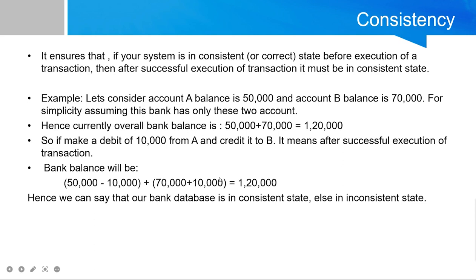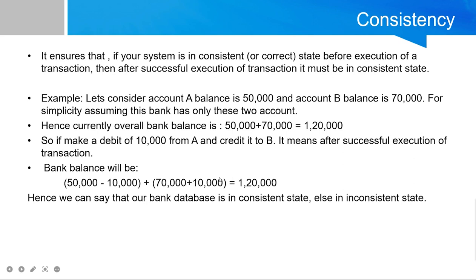To understand this, assume a bank has only two accounts, A and B. Account A has 50,000 rupees and account B has 70,000 rupees, so the overall balance is 1,20,000. We perform the same transaction, debiting 10,000 from account A and crediting it to account B. The overall bank balance will again be 1,20,000.